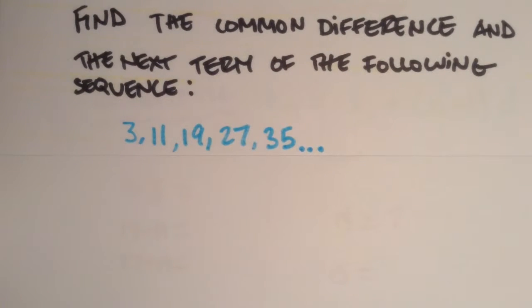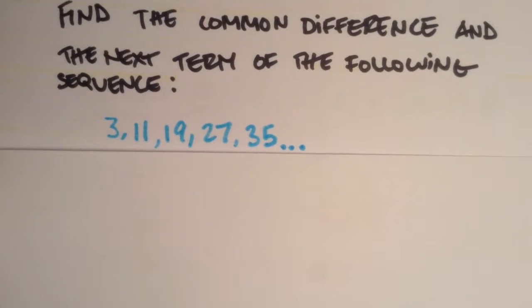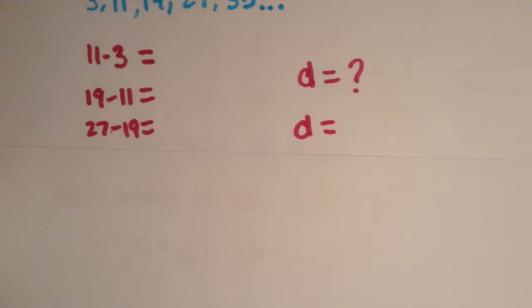Now we want to find the common difference and the next term of the following sequence: 3, 11, 19, 27, and 35. To find the common difference, I have to subtract a pair of terms. It doesn't really matter which pair I pick as long as they're right next to each other.